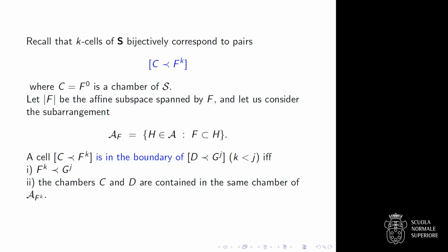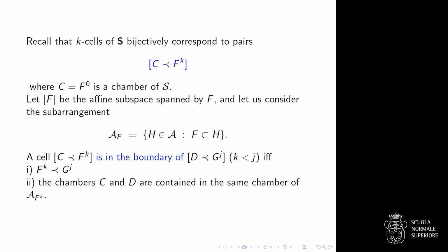Okay. Let's redo the same construction for F11. So now the chambers on the same side of C0 are C0, C1, C5. C4 here, you mean?